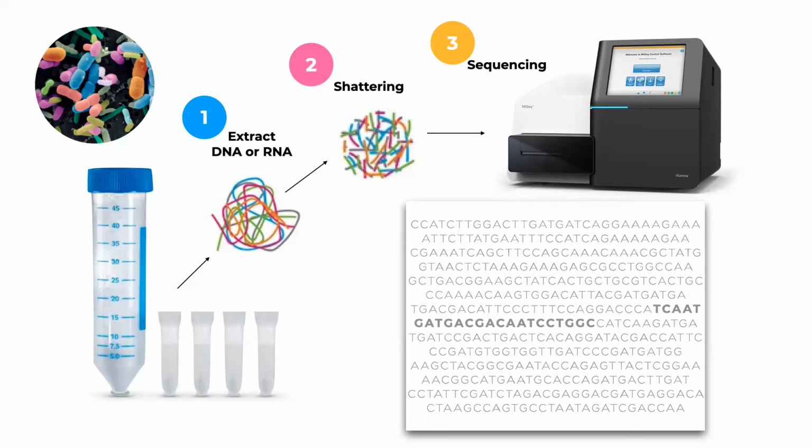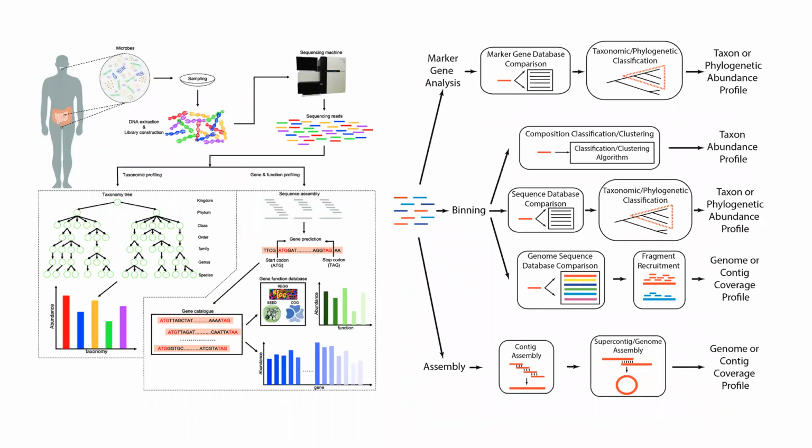So overall, there are several different approaches to understand the microbiome. We can look at taxonomic profiling, which is to study how they are related. So similar to what we saw in the Tree of Life, we can look at the taxonomy tree, and we can look at that taxonomy tree at different levels based on how much information we have for the different levels of taxonomy.